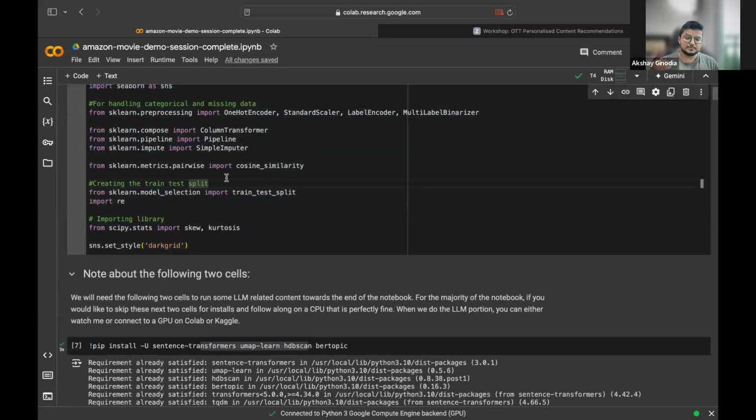Let's say you want to hang a painting on a wall. What kind of things would you need? You would need a painting, a drill machine to drill a hole, and then a screw and a screwdriver.